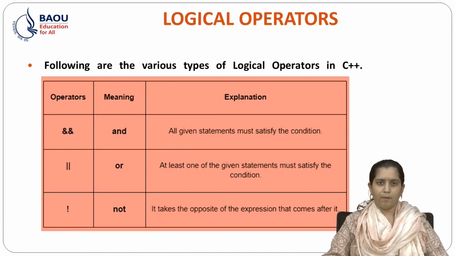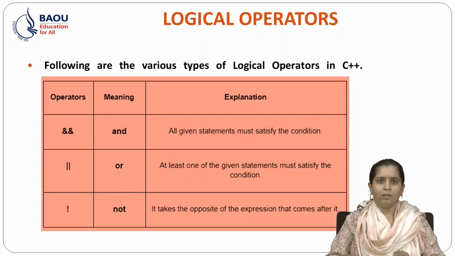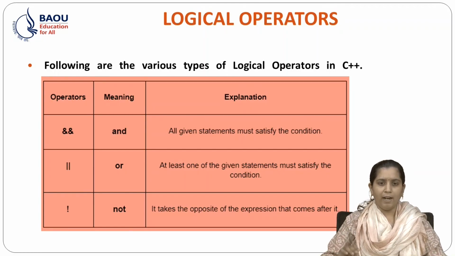Logical AND operator in a programming language is denoted by the ampersand symbol. Logical AND operator returns the Boolean value true or 1 when both the operands satisfy the condition and are true in nature. If any one of the operands does not satisfy the condition, then it will return false or 0.